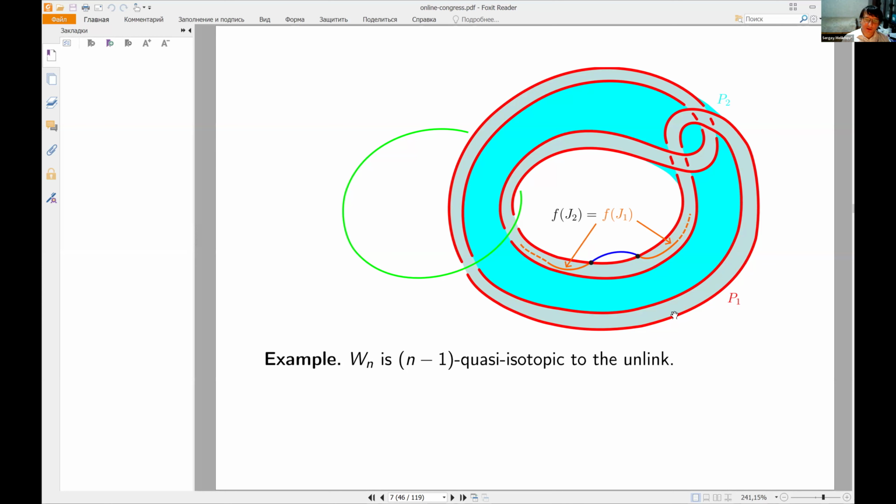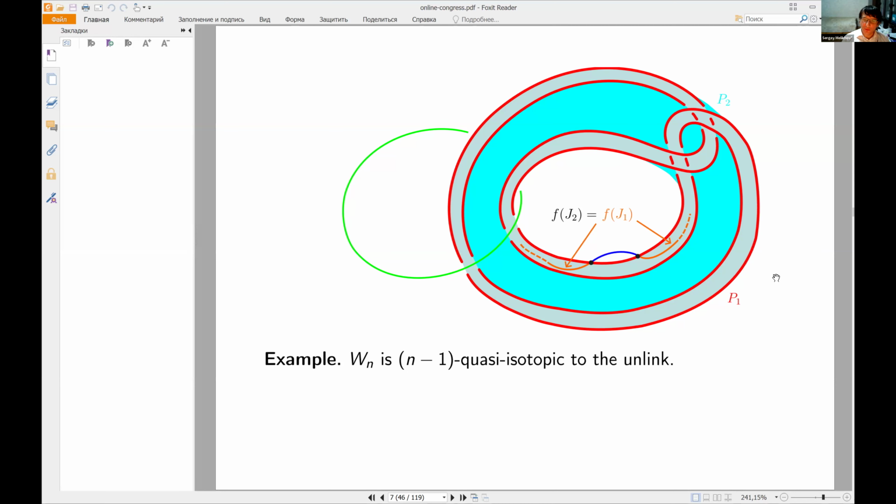And for the next arc, J2, we can take the same as before. We can take the J1. And so this is actually what we wanted, to show that W3 is 2 quasi-asymptotic to the unlink. This is precisely all that we needed.